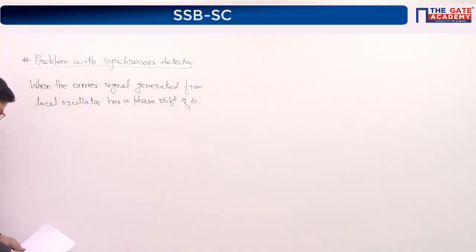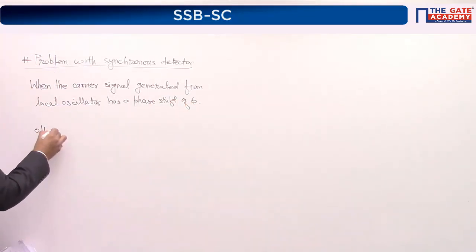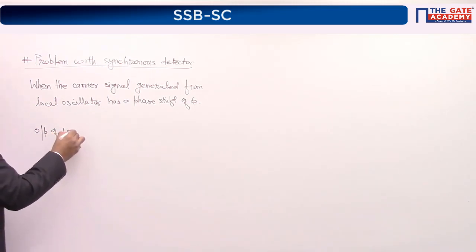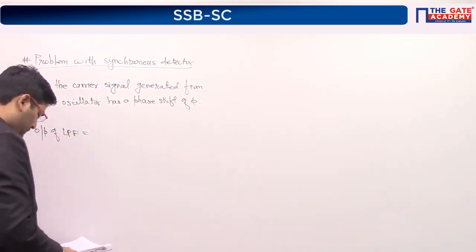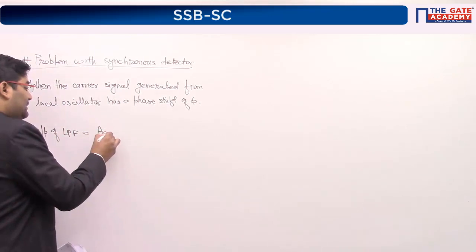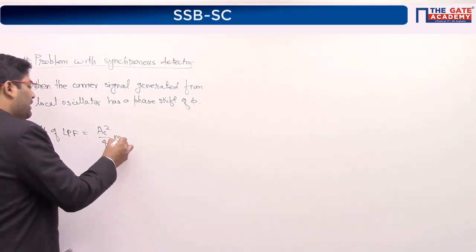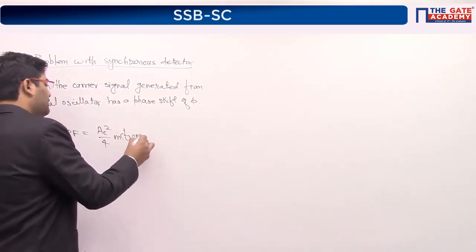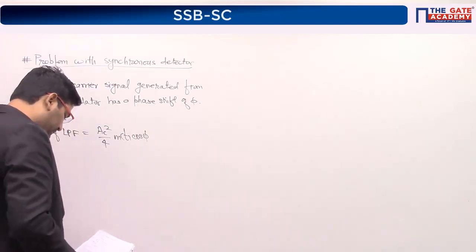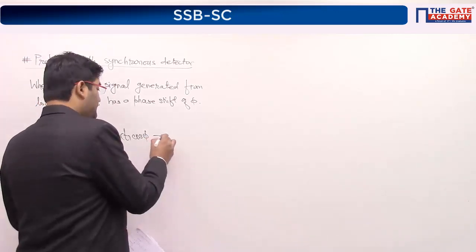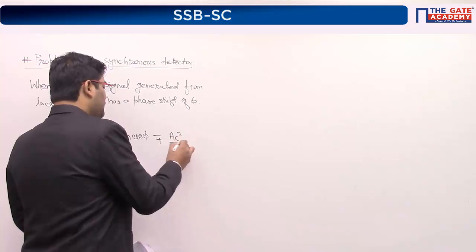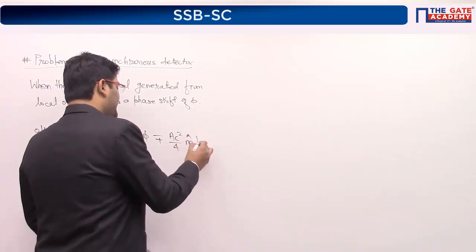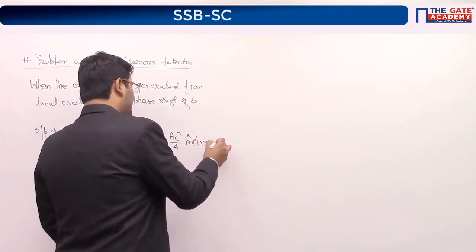So what will be the output of the low pass filter now? The output of LPF will be equal to, guys, I am writing this directly, AC square by 4 m(t) cos phi, minus plus AC square by 4 m hat(t) sin phi.